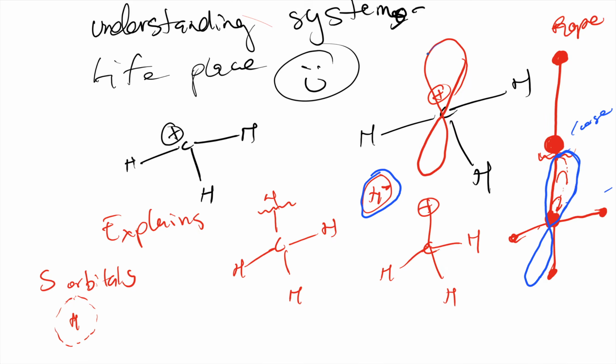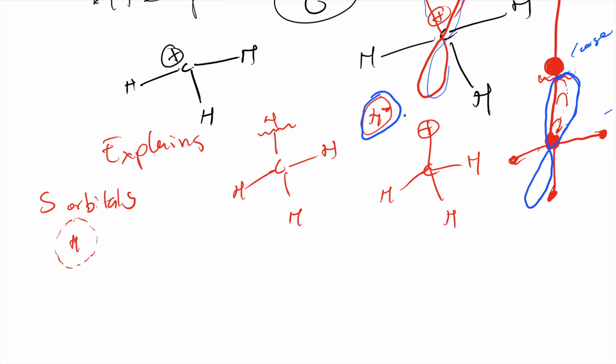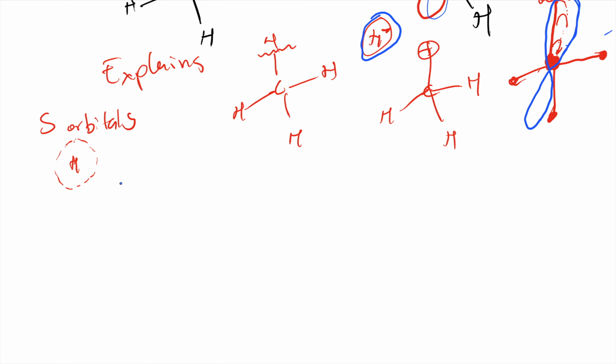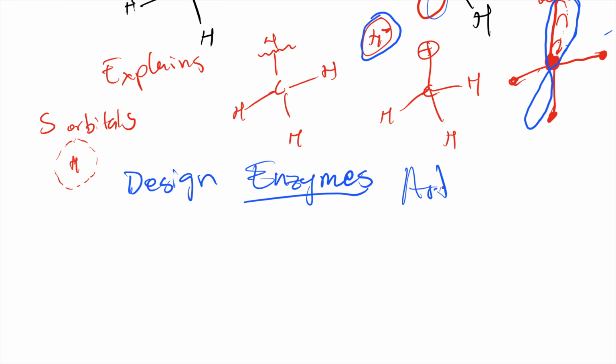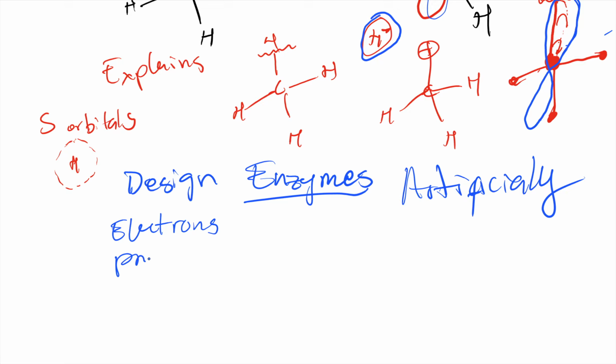It explains why we get this special shape, and more importantly, with this theory we can now design enzymes, and we can artificially design enzymes with electric charges or electrons and protons, and use them as some way to grab a molecule.